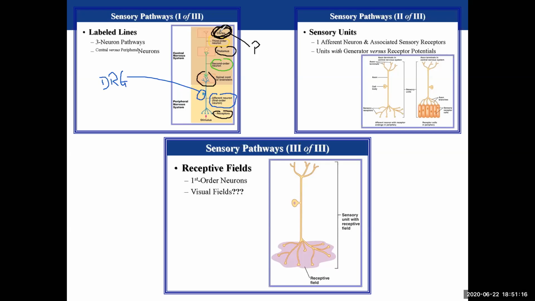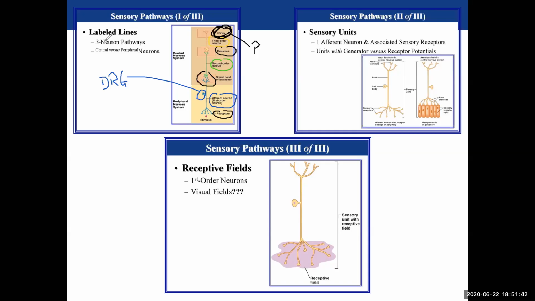So this is when a sensation is promoted to a perception status. If any sensory information fails to go to the cerebral cortex, in this case specifically the primary somatosensory cortex, then there's no perception involved.